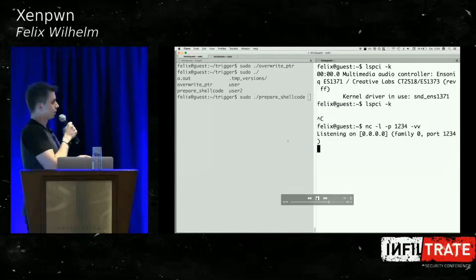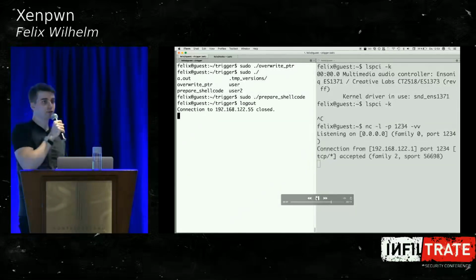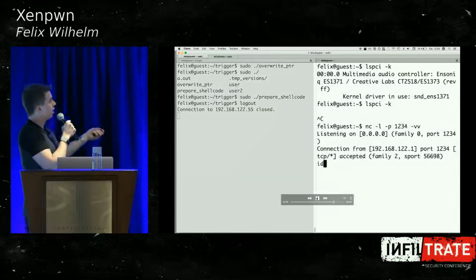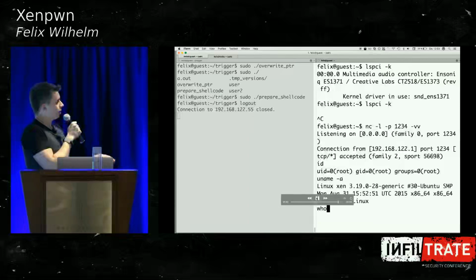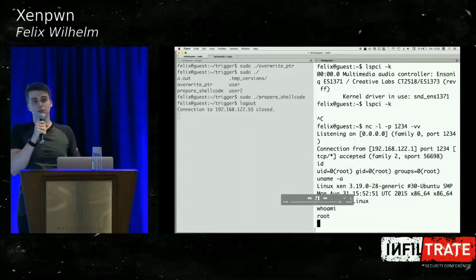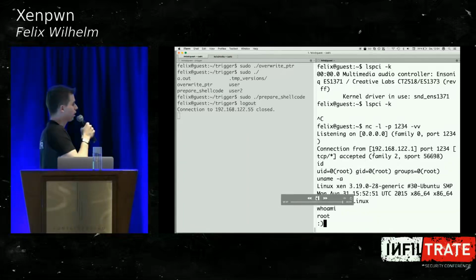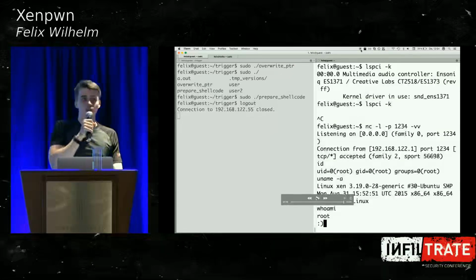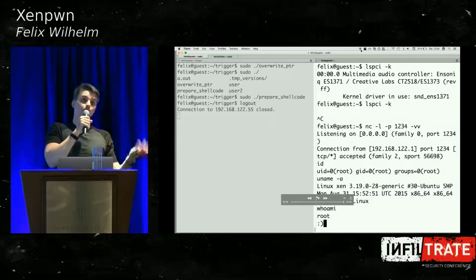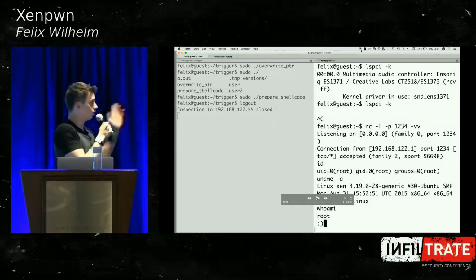Before we do that, we open a netcat connection on 1234 and wait for the reverse connection. And if we run the command, we can see we get a root shell, and the root shell is running on the Xen host. So this is a full Xen breakout where we go from the unprivileged domain to the management domain and have full code execution on the host system.